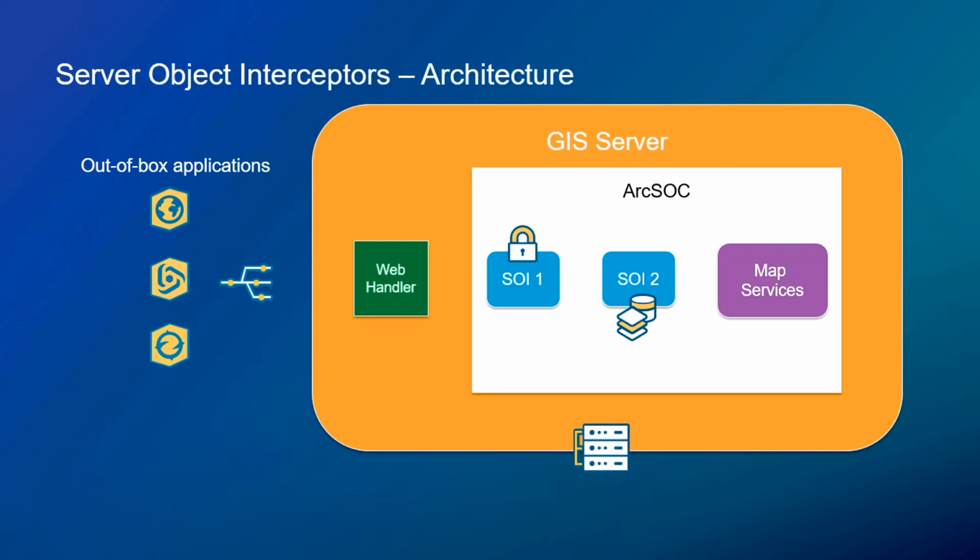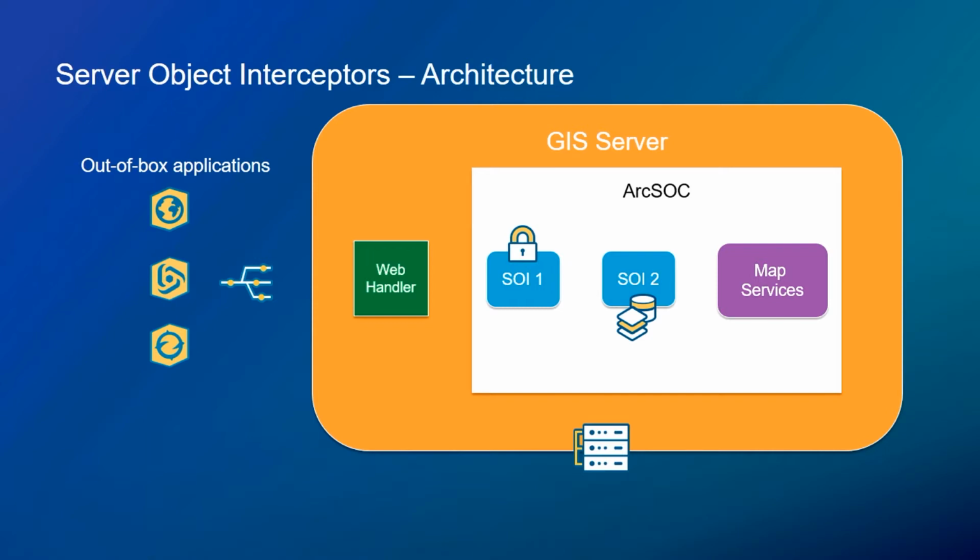When you deploy one or more interceptors, you can form a chain of these interceptors. I'll give you a little demo of that. And it sits like a chain in front of your map services. And then you have the web handlers, the typical REST API handlers and the SOAP API handlers that receive all requests from the clients. And of course, on the left, sitting outside your load balancers, are your web clients.